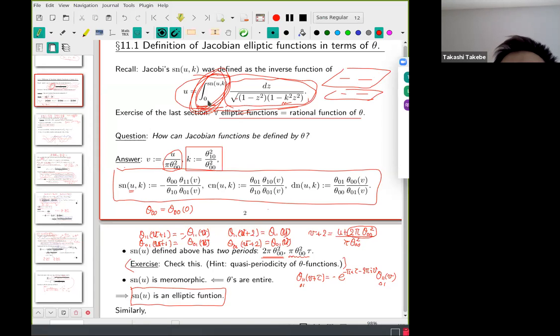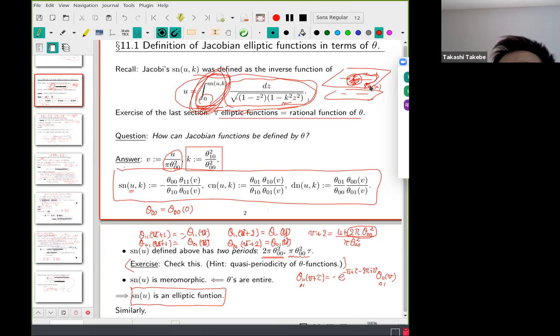And so we are starting from 0, and we take a certain contour connecting 0 and the Sn of u. Actually, first we'd better restrict ourselves to a certain neighborhood of 0.